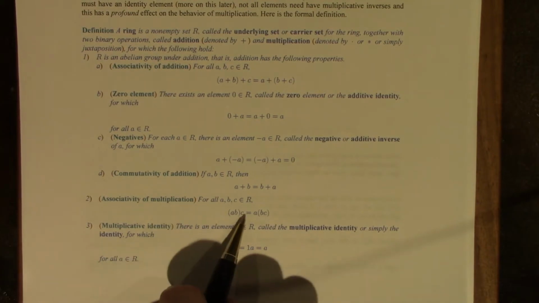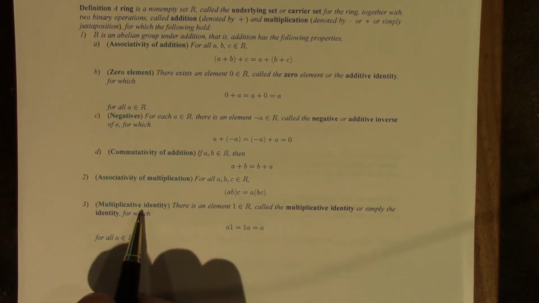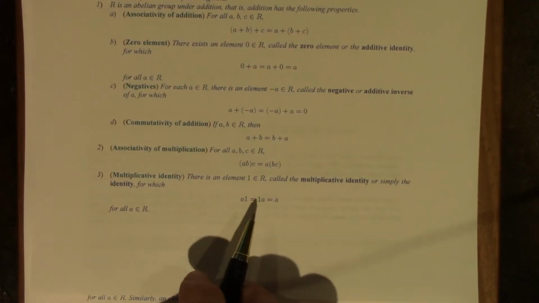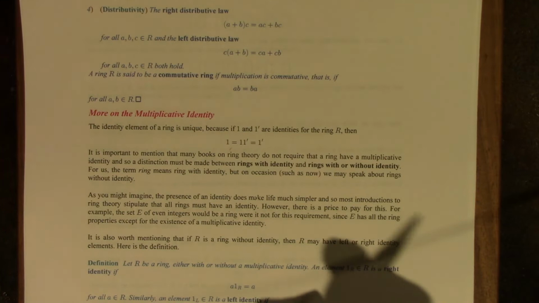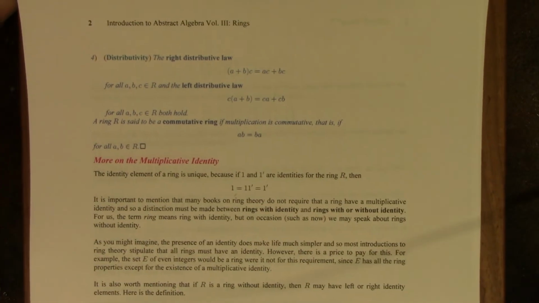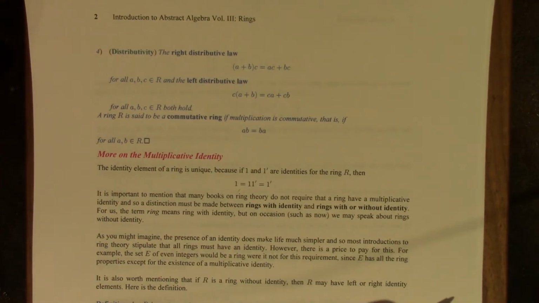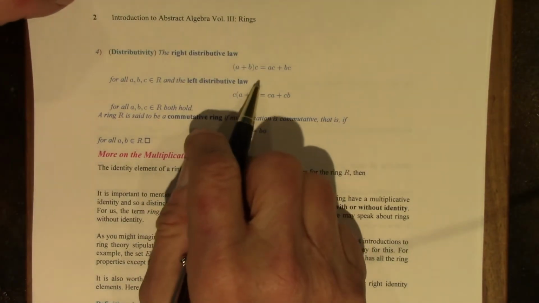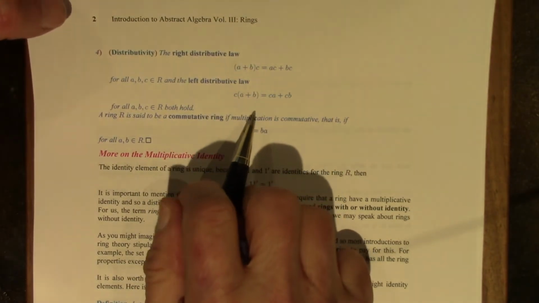Multiplication must be associative. There must be a multiplicative identity, which we denote by 1. And to connect the two operations, there are distributive laws: a right distributive law and a left distributive law.